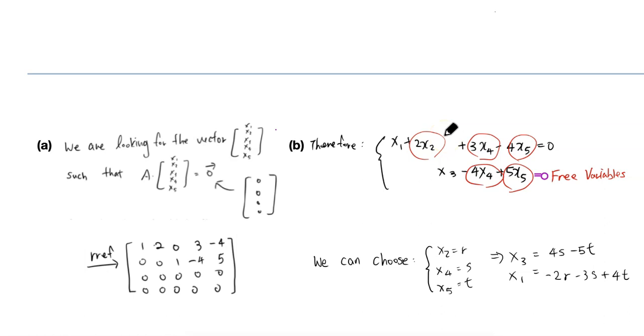Whatever we've chosen for x5 and x4 will force x3, but then we can choose x2 again, and that will force x1 to be something. So that means we can choose x2, x4, and x5. Let's give them names. x2 equals r, x4 equals s, and x5 equals t. So now, from the two equations above, we know that x3 is actually 4s minus 5t, and x1 equals negative 2r minus 3s plus 4t.